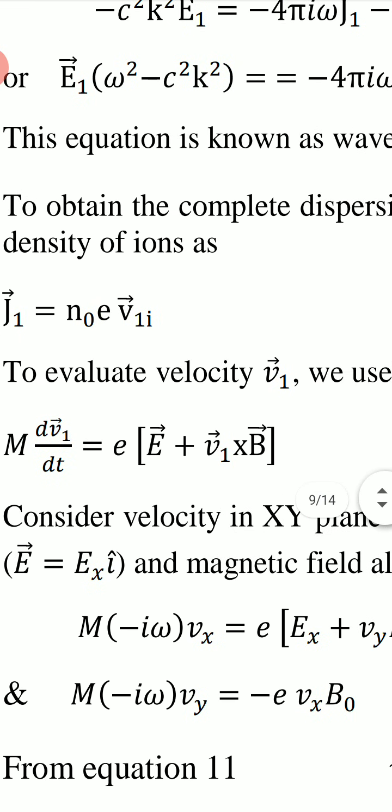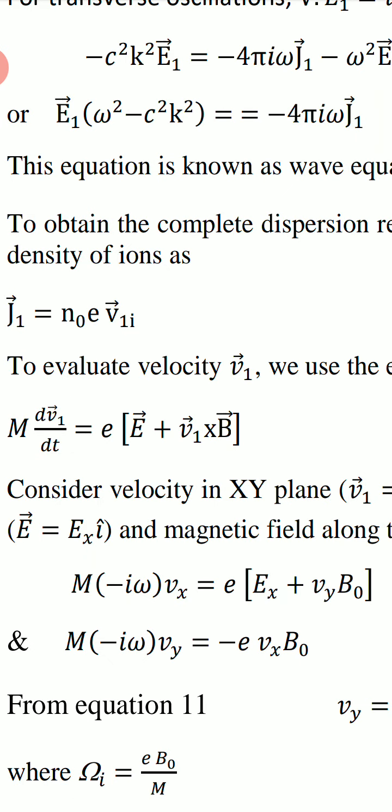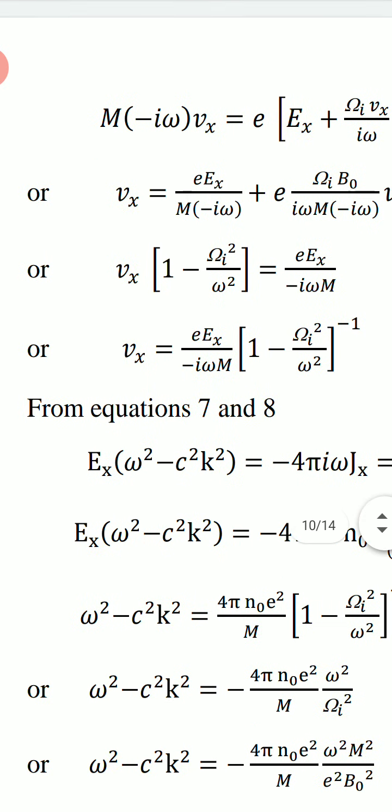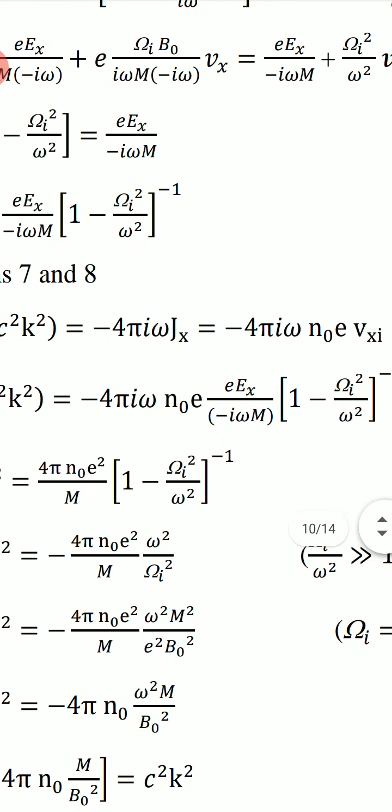We write in place of E1 vector as Ex, and for j1 vector as Jx. So the x component of this equation will be Ex into omega square minus c square k square in left hand side, and in right hand side we have minus 4 pi i omega Jx.